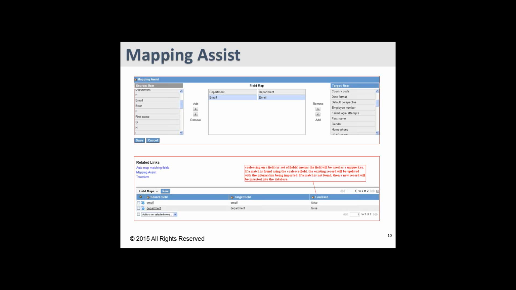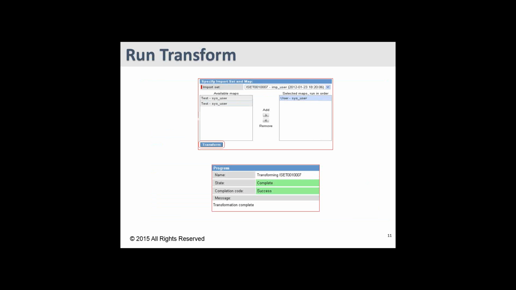If a name is not matching, for example if first name has only F, we can map that to first name in the target table. We call it a field map. And once you hit run transform, data will be loaded. You will get a message complete, and the completion code: success, fail, or any error.